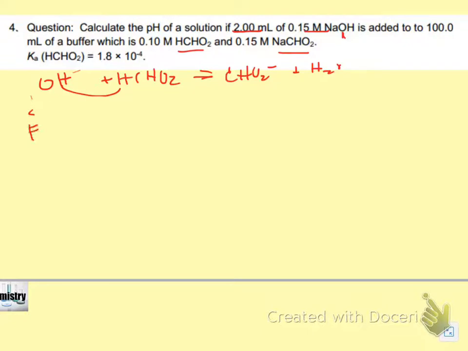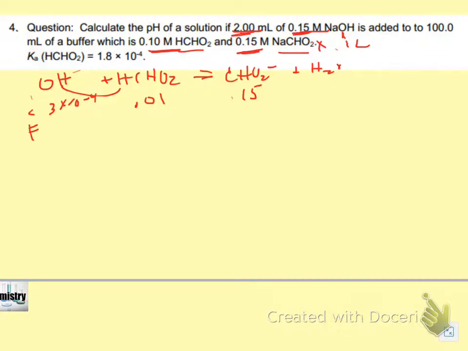For my ICF table, my initial amount of the base, I'm going to take 0.002 liters times 0.15 molar, and that's going to give me 3 times 10 to the minus 4 moles. I'm going to take my 0.1 molar of the acid, and I am using 100 milliliters of it. So that's going to be 0.01 moles. And if I have 0.15 molar of the conjugate base times 0.1 liters, that's going to be 0.015 moles there.